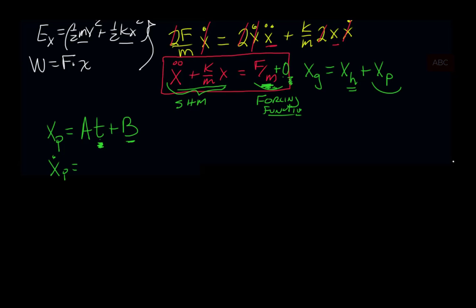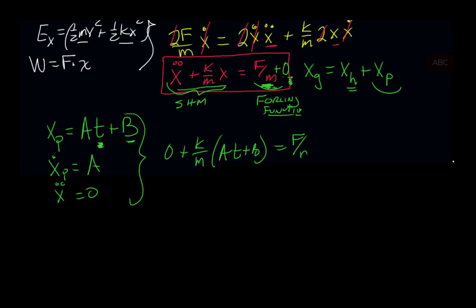x dot particular would be a, and x double dot would be 0. And we plug them all into here, and we get 0 plus k on m times (at + b) is equal to F on m. And since there's no t functions over here, we can say that a equals 0, and we end up with k on m times b is equal to F on m.